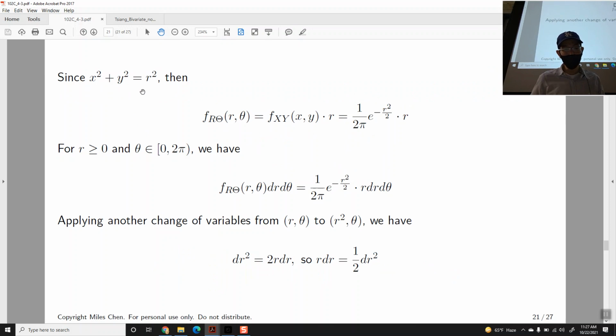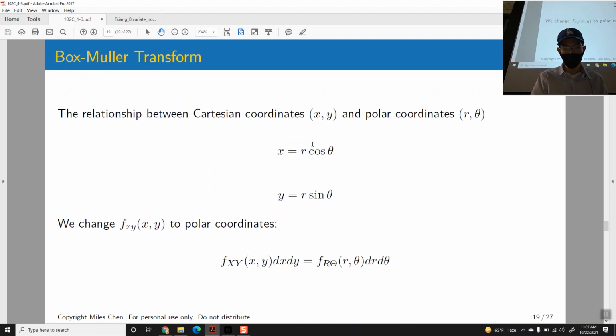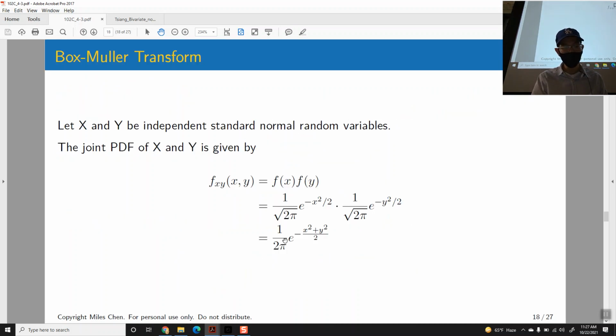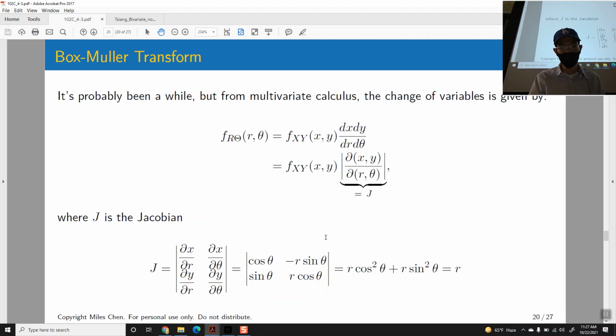We also have the identity x squared plus y squared is r squared, as far as the Cartesian to polar relationship. So if you go back, f of x, y is 1 over 2 pi e to the negative x squared plus y squared over 2. If we're going to change it into polar form, we're going to have f of x, y times the Jacobian, which we've established is just r.